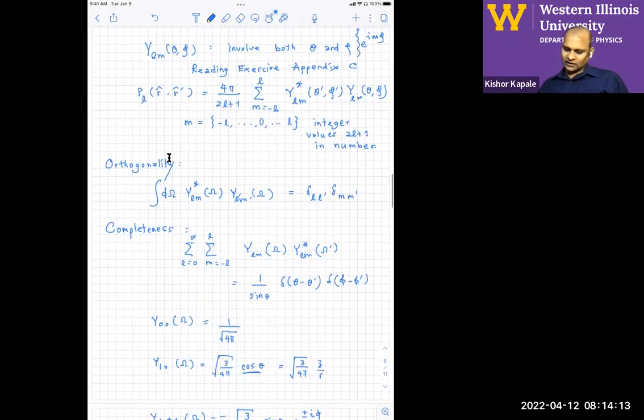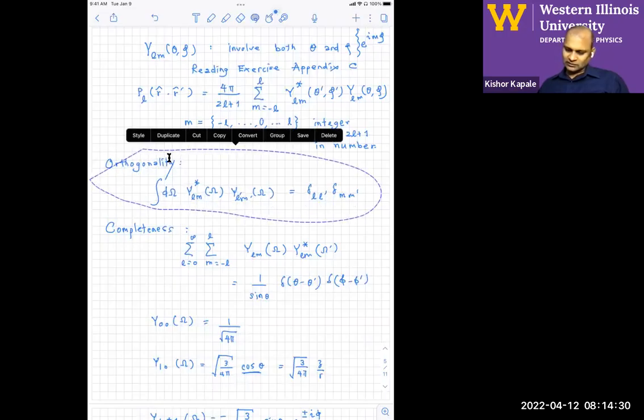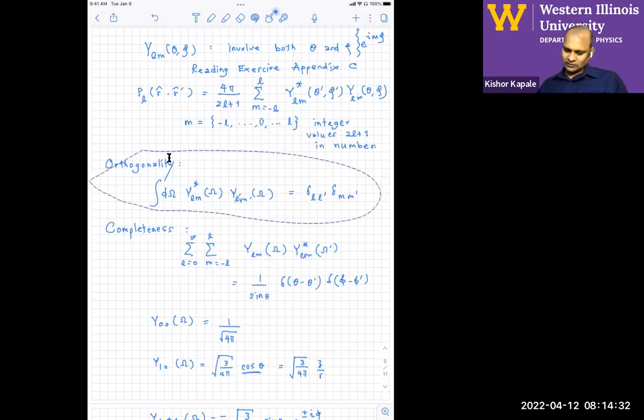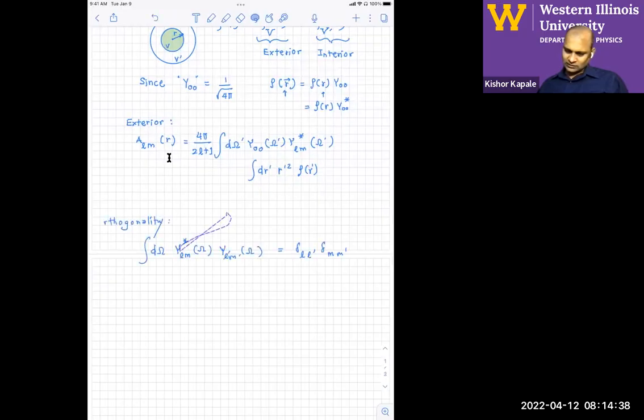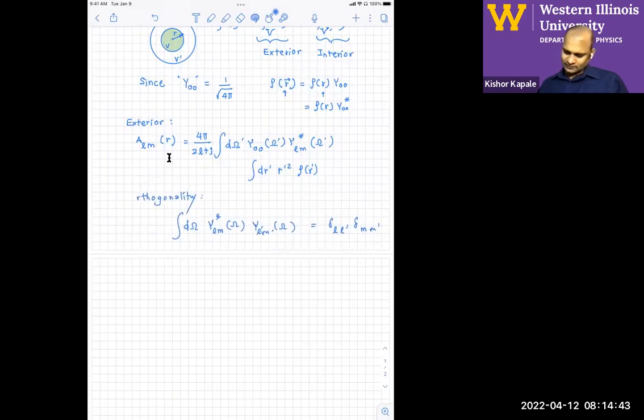Yeah, here is the orthogonality: Y_LM star times Y_L'M' gives you delta LL' and delta MM', right? So we just use this. Why don't I actually just copy this and paste it here. Okay, let's put it in a box so we know that's something we're going to use.